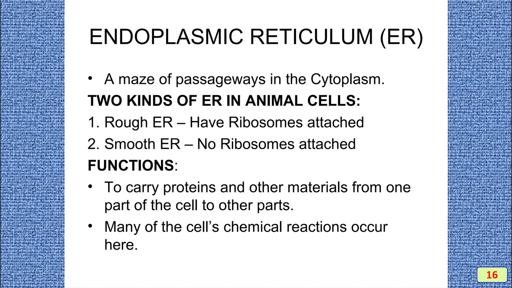Then the function of this one is to carry proteins and other materials. So the endoplasmic reticulum is also one of the important cell structures where multiple chemical reactions occur.